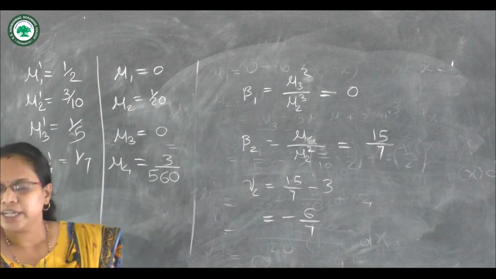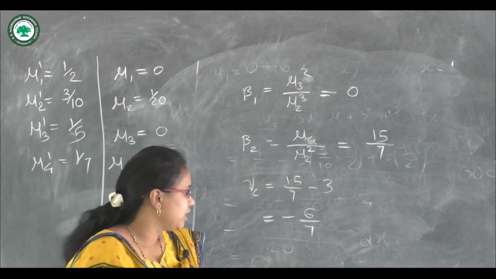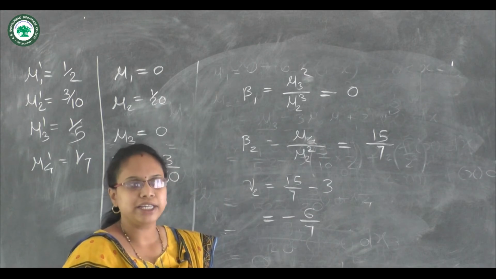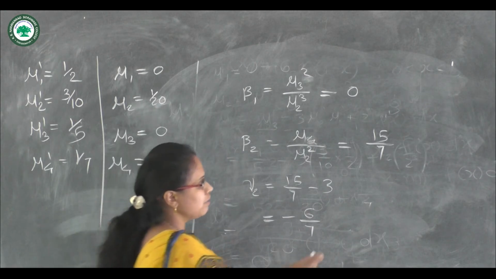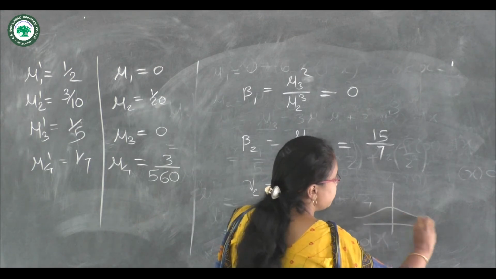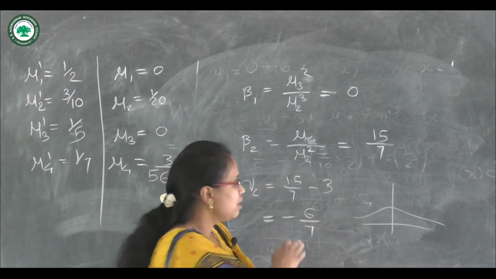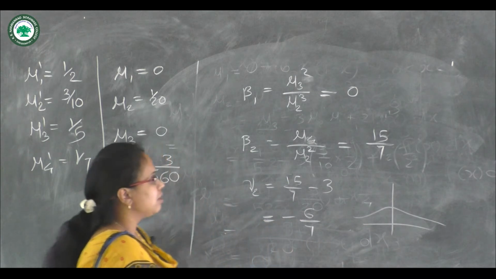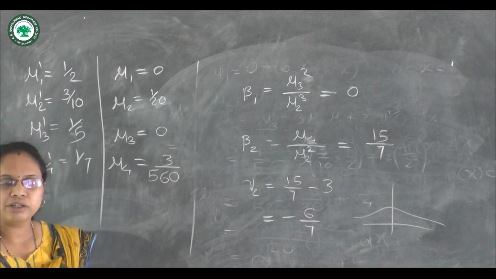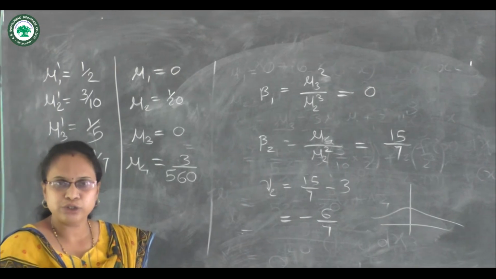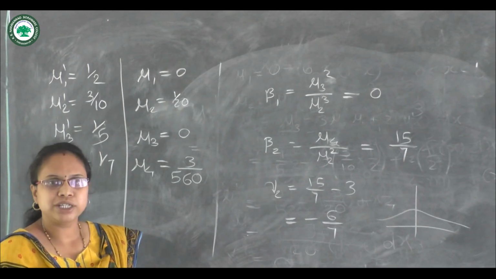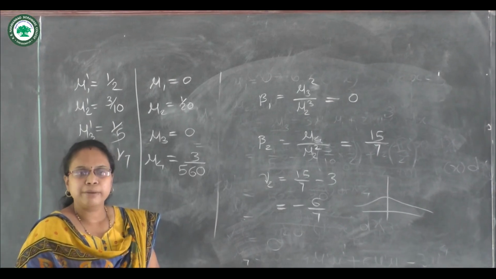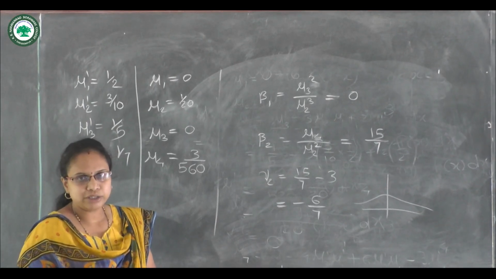This is a negative value, that's why we can say that this distribution is platykurtic, meaning its curve is below the normal curve. So it is looking like this type of curve. So we have found out the nature of the distribution from these Pearsonian coefficients. This we have also learned in FYBSc in the discrete probability distributions.